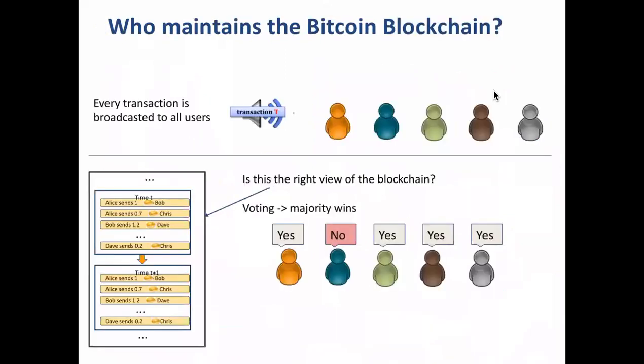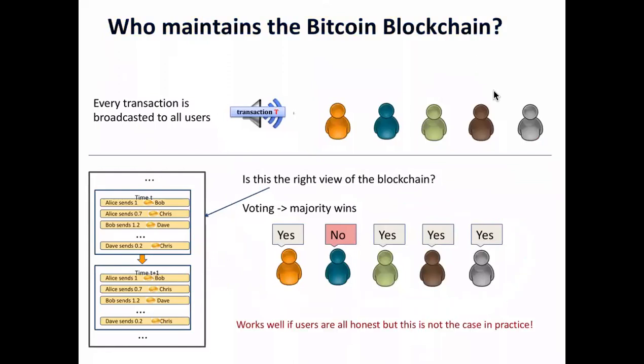Once a user creates a new block, for example this block, and sends it to everyone, after doing proof of work, which will come later, everyone votes and says whether it is correct or not.